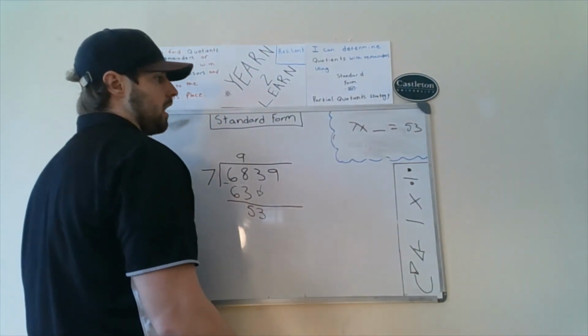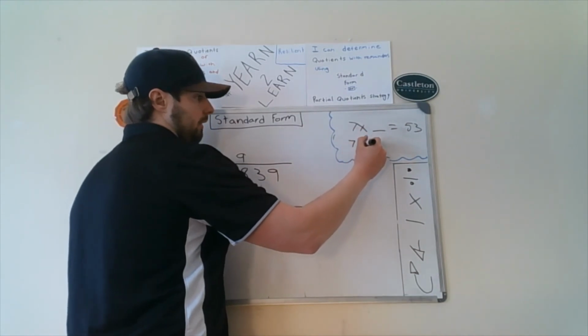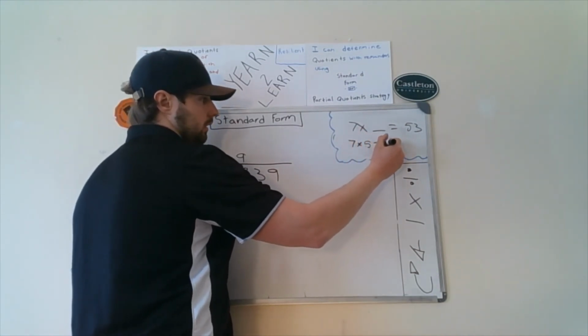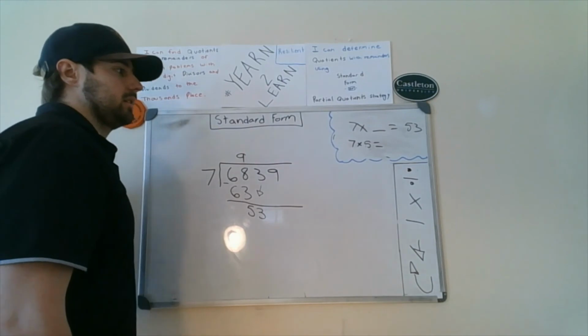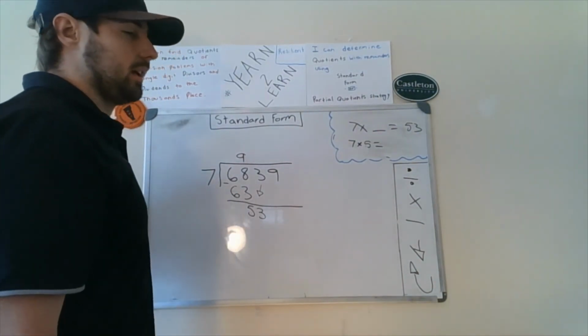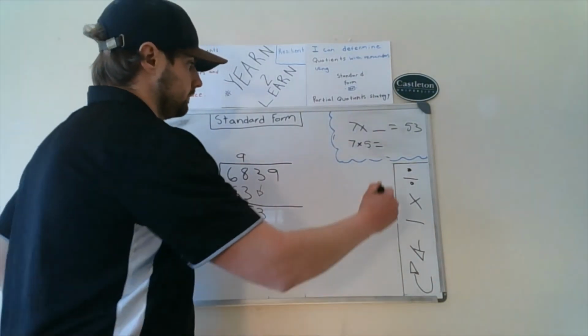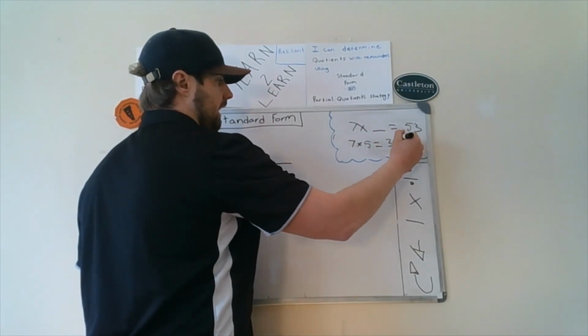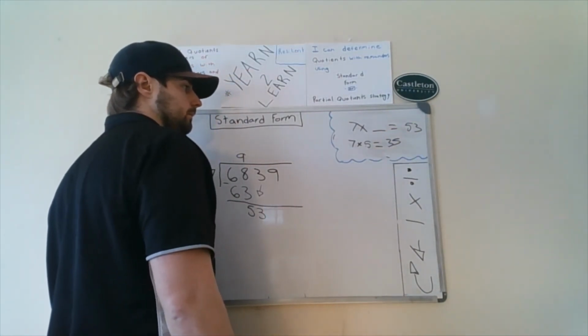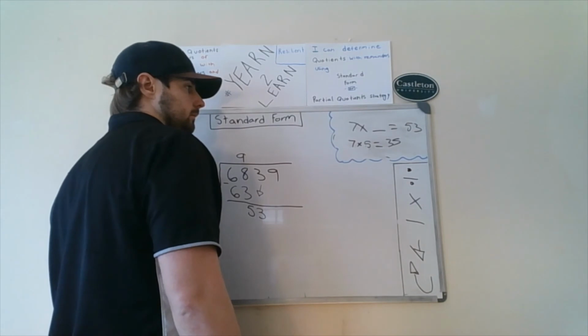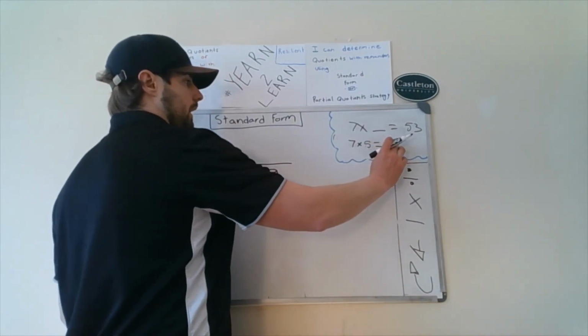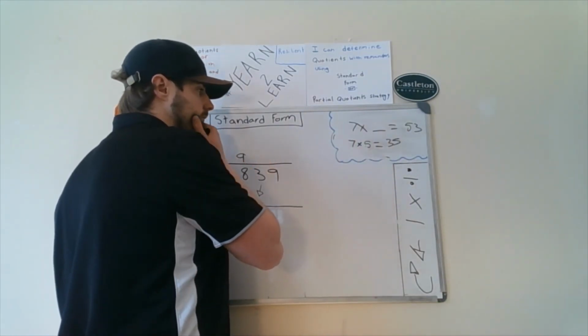Working with numbers I know. I know my 5s. Guys, what is 7 times 5 going to give me? 35. That is quite a few less than 53.